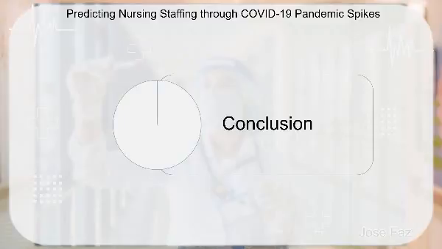For conclusions, I can say that I developed a model that works with data from North Texas, but it could work with any data set that we can feed into it, and it uses time series with the ARIMA method.